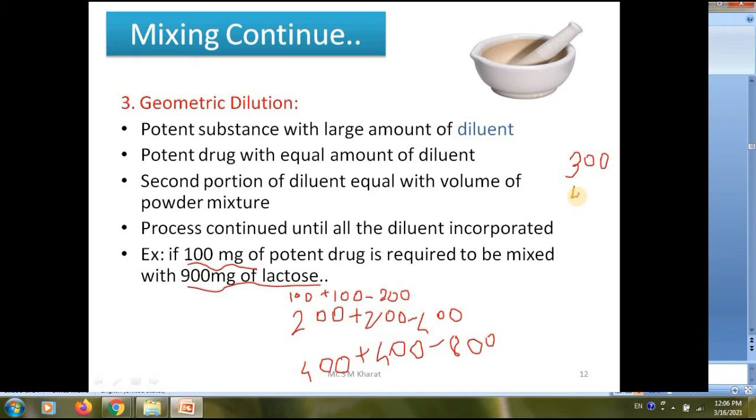Now we have added 400 again. So how much does it become? That is 700.